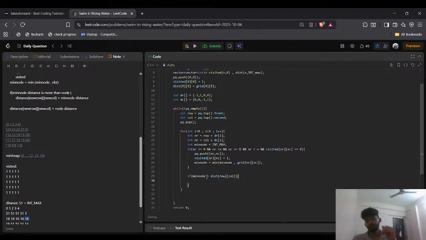Min node value is this, is less, then we don't need to do anything, I guess.